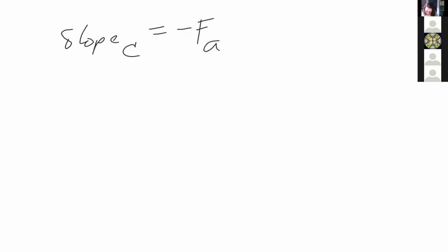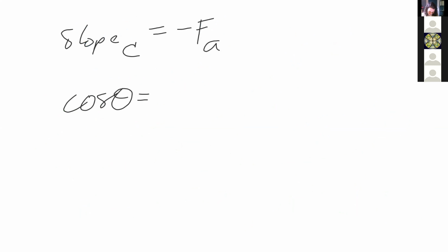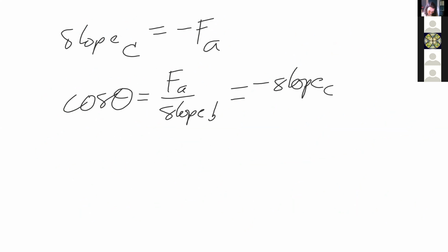And once we know f sub a, we know that cosine of theta from our relationship right here is equal to f sub a on the slope from B, which is equal to the opposite of the slope from C over the slope from B. And that allows us to solve for theta.